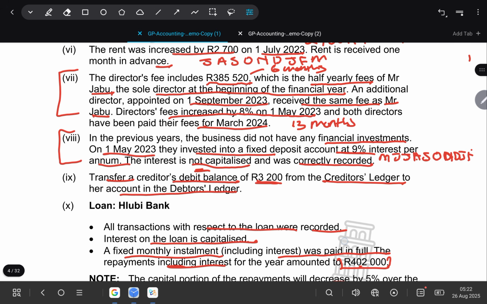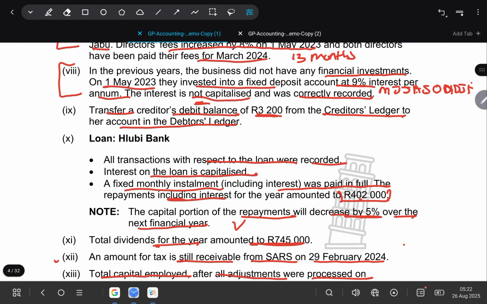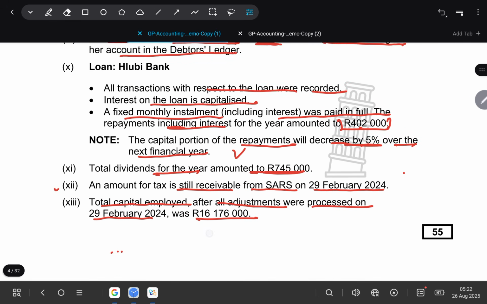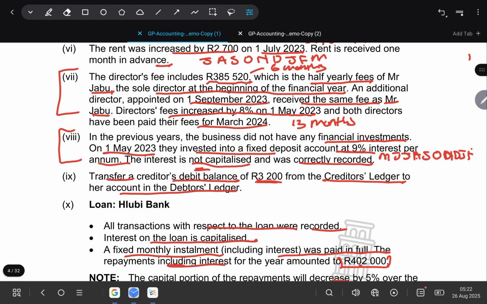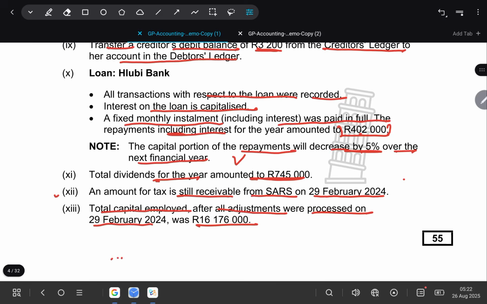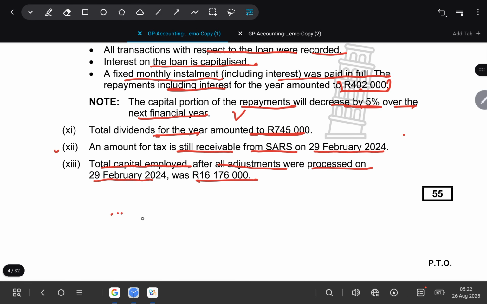So let's check. We will use Jabu's fees to get what we want. Remember, the director's fees increased by 8% in May. So for March and April, we were paying Jabu 100%. So it will be 100 multiplied by 2, which will give us 200.